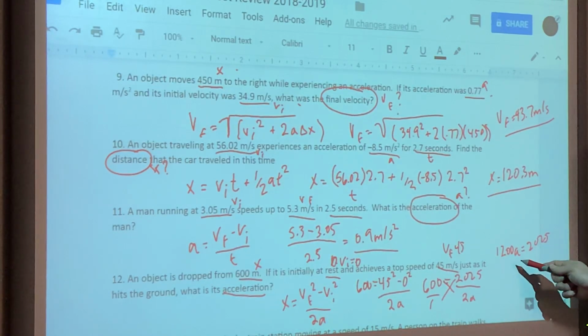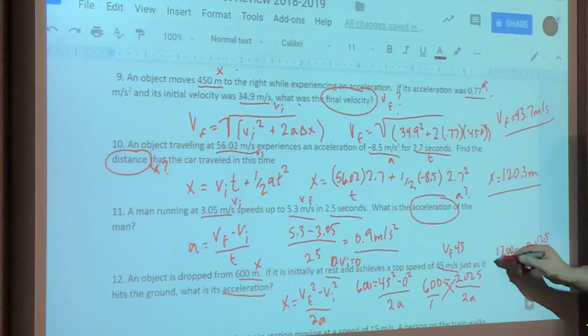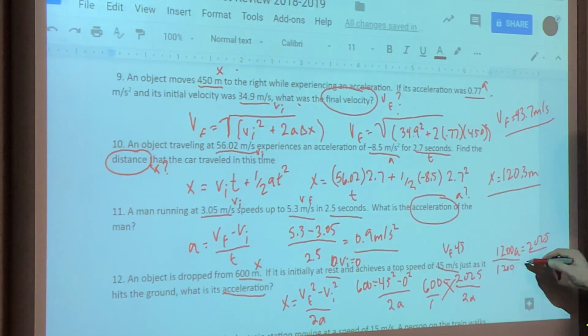So to get the a by itself, what do we do? You divide both sides by what? By 1200. So over here, you're going to end up with a is equal to 2025 divided by 1200. You get 1.7 meters per second squared.